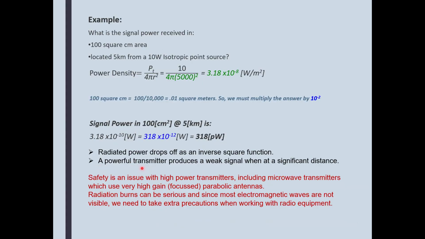A powerful transmitter produces a weak signal at a significant distance. The signal drops fast.